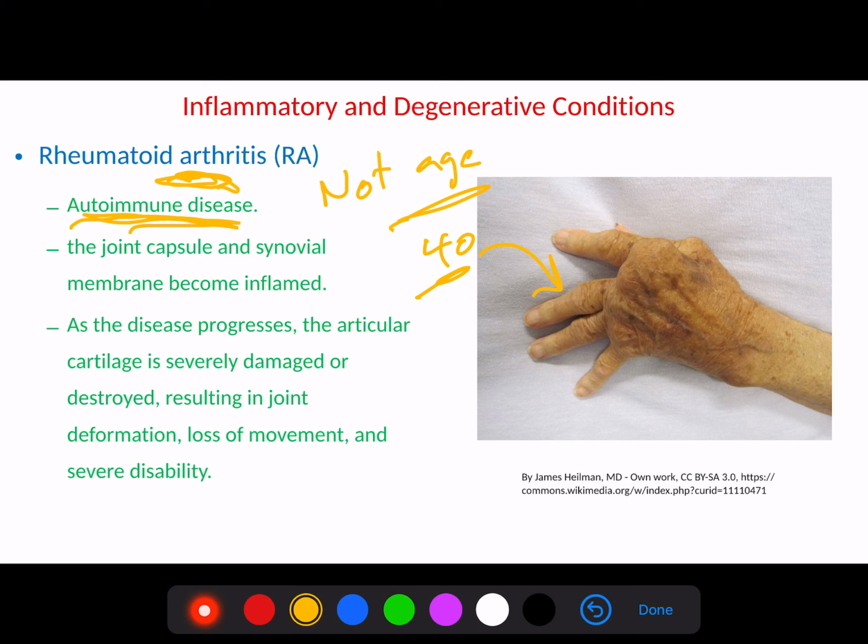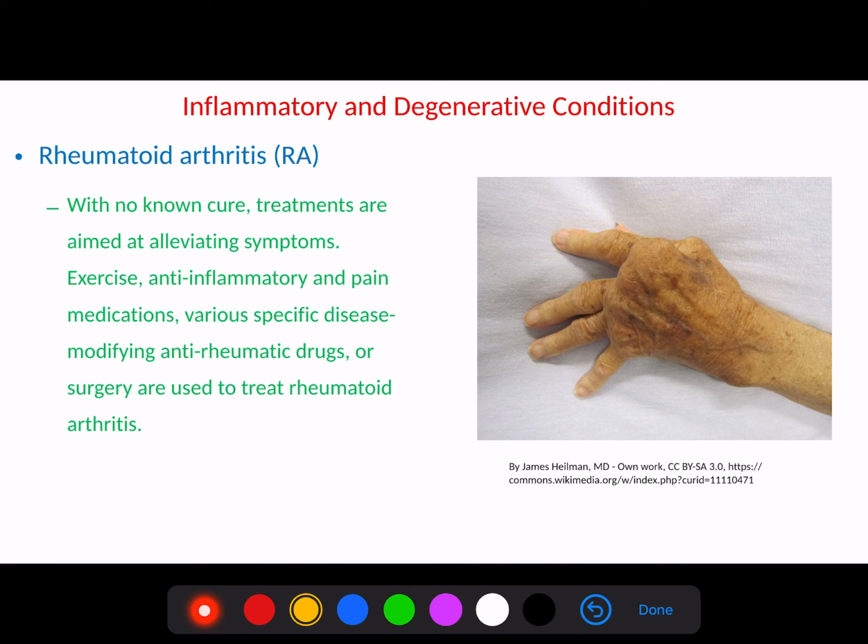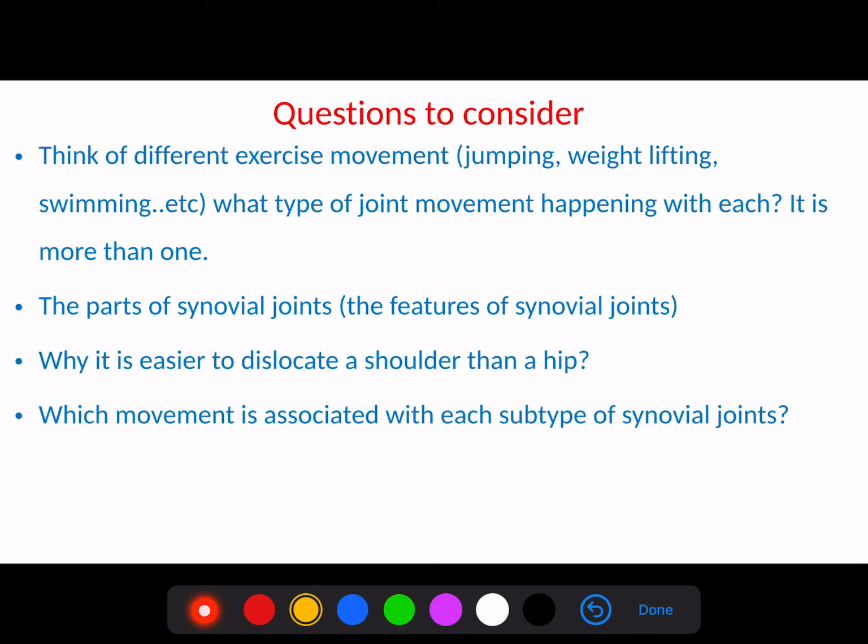Some severe forms of this might affect other systems because of the inflammation. They induce a huge amount of inflammation in the body. So again, the only available drugs are to deal with the pain and the inflammation, but there is no 100% cure for rheumatoid arthritis. Okay, so that's all for this chapter.